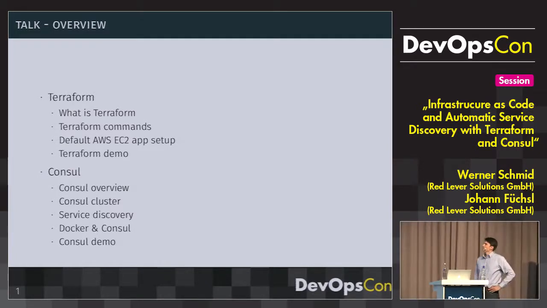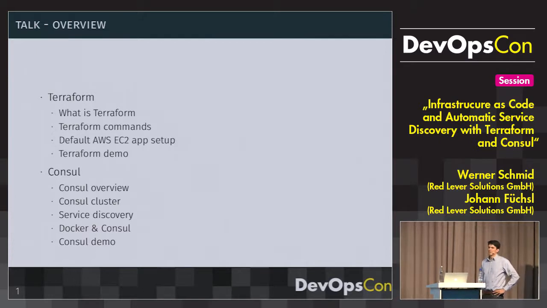We want to give you an introduction to what Terraform is doing, what we expect it to help us with, what the most important Terraform commands are, and then spin up more or less a default AWS EC2 setup and high availability setup with a Consul cluster and a web app in it, and perform all this in a demo where we show how Terraform can help us with these steps.